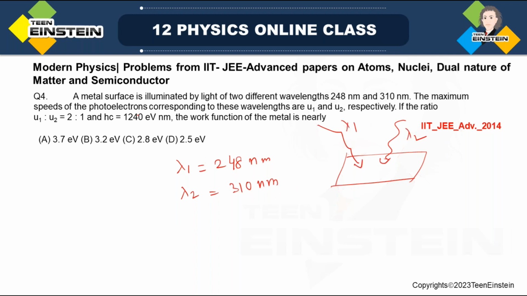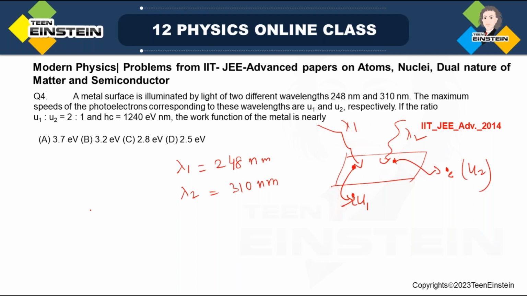Okay, so obviously they were illuminated separately, and the maximum speeds of the photoelectrons corresponding to the wavelengths are u1 and u2. So the photoelectron emitted here has speed u1, and due to this wavelength, the photoelectron which is emitted has speed u2 over here.